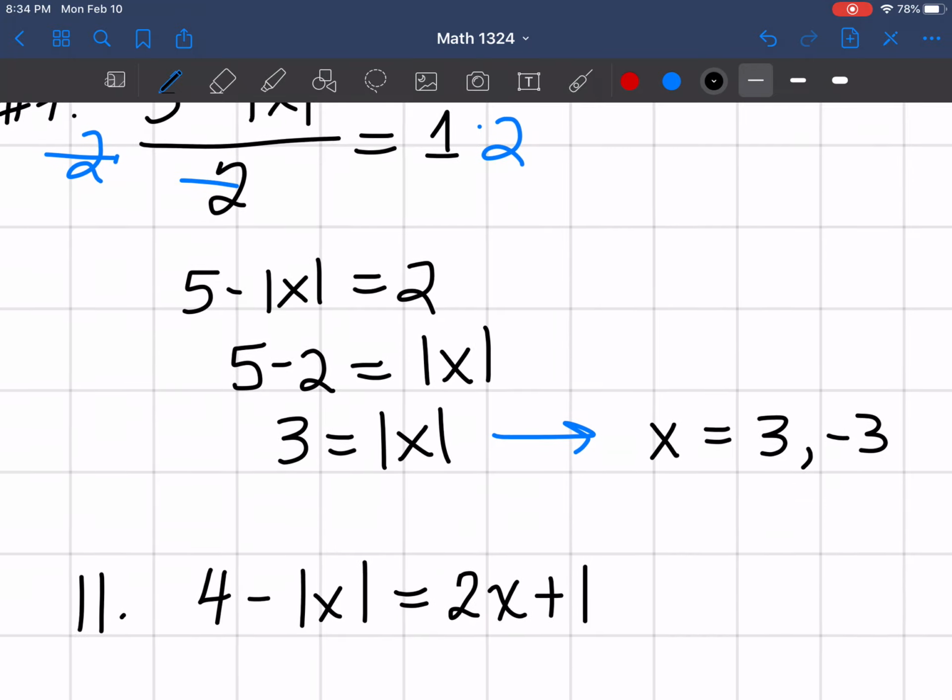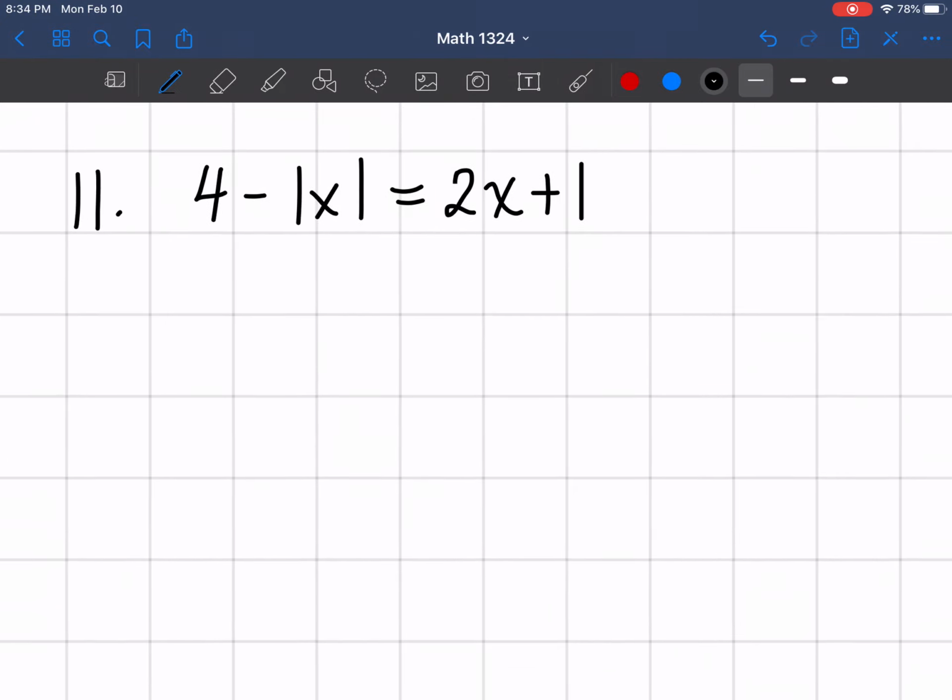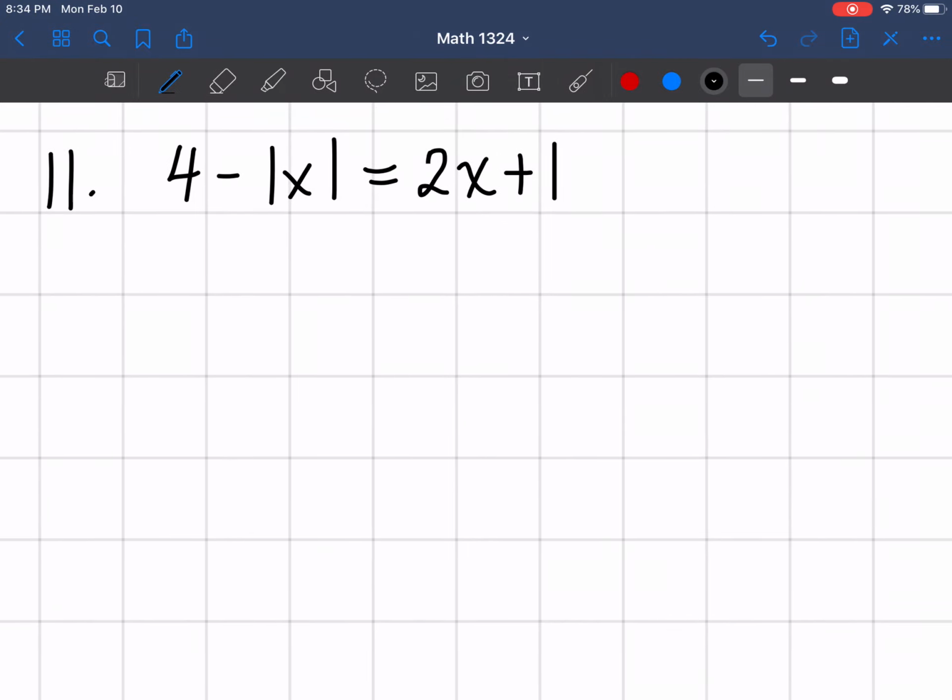Now in the next problem, which I have written down below, this is slightly different because it does involve the absolute value of x, but it also involves x on its own without absolute value. So I wanted you to think about what this equation really is.